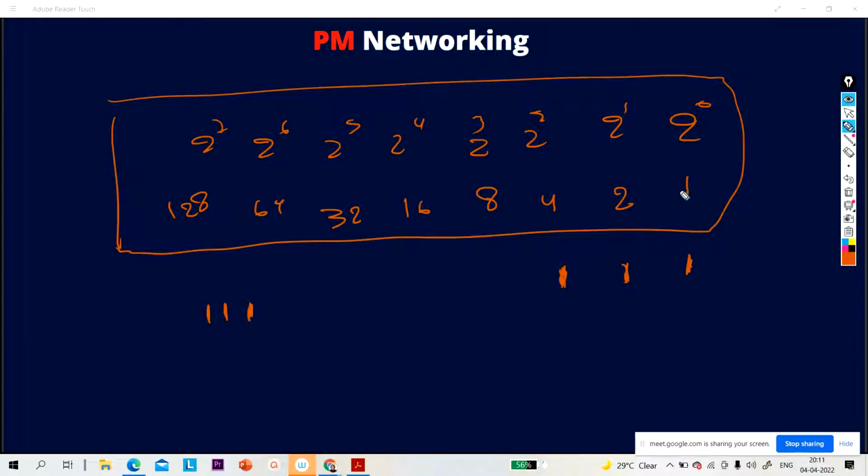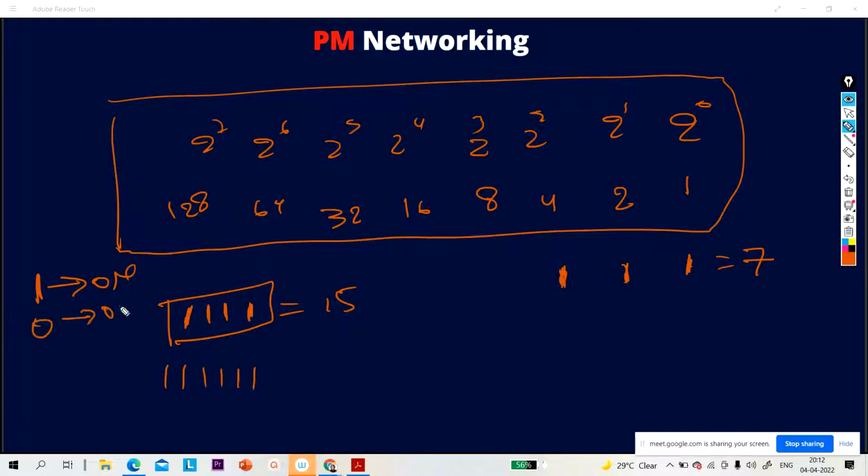Decimal value will be 1 plus 2 plus 4, that means 7. If I write four 1s, what will be the decimal value? 15. Okay, if I turn on all bits, 1 means on and 0 means off, right?